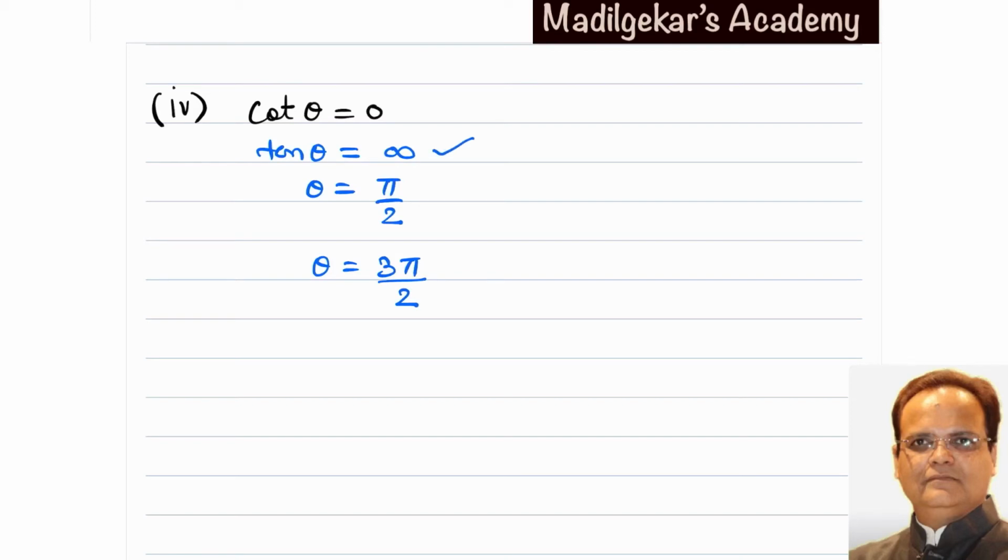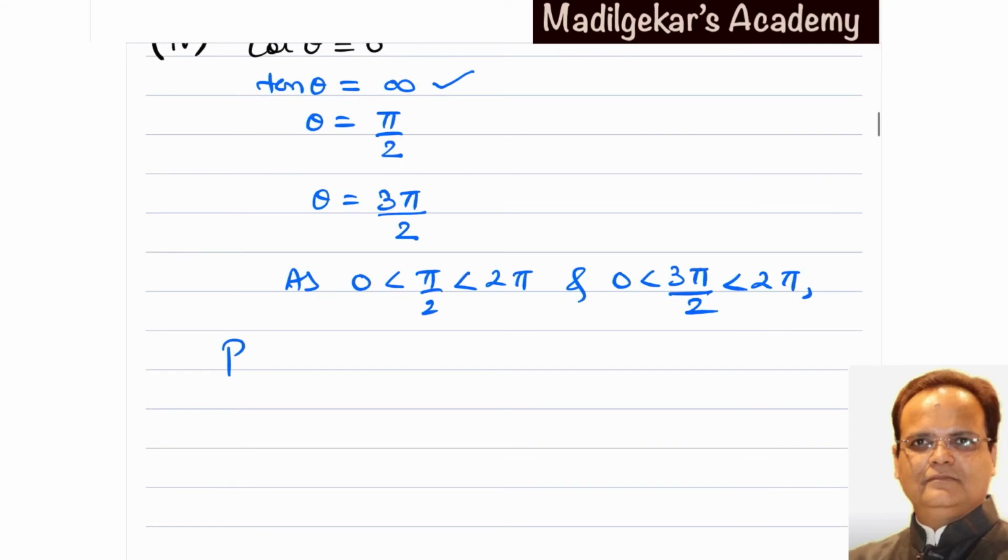And both these angles belong to the interval 0 to 2 pi, as 0 is less than pi by 2 is less than 2 pi, and 0 is less than 3 pi by 2 is less than 2 pi. The principal solutions are pi by 2 and 3 pi by 2.